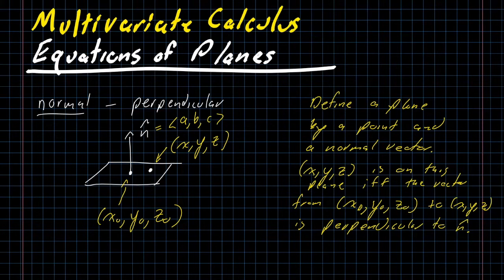If those two vectors are perpendicular, then the point in question is on the plane, because the definition of the plane is perpendicular.